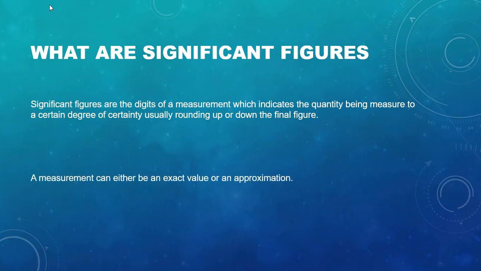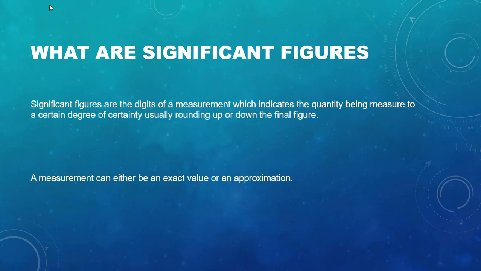Now, a measurement can be an exact value or an approximation. Some examples of exact values would be the exact days of the week. We know that there are 7 days in the week, or the amount of money in a bank account at a particular time. We know those values to an exact amount.